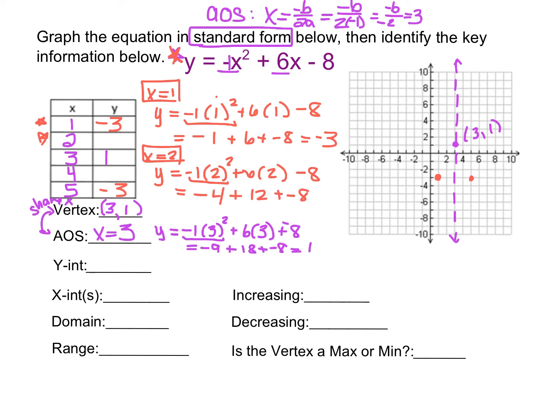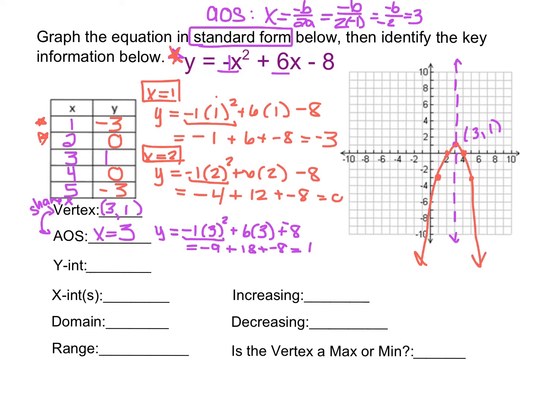Well, negative 4 plus 12 is 8, and 8 plus negative 8 is 0. So these two points are 0. So we have 2, 0, and 4, 0. So here I can see a general sketch of my quadratic function.